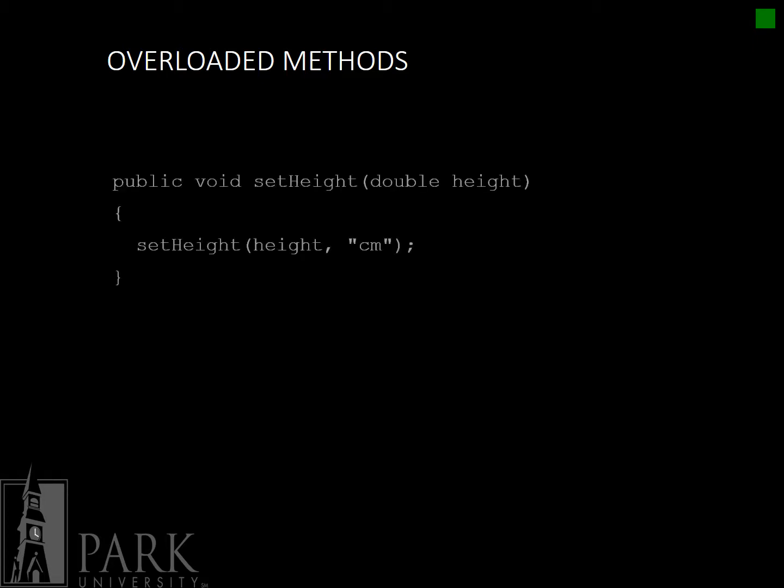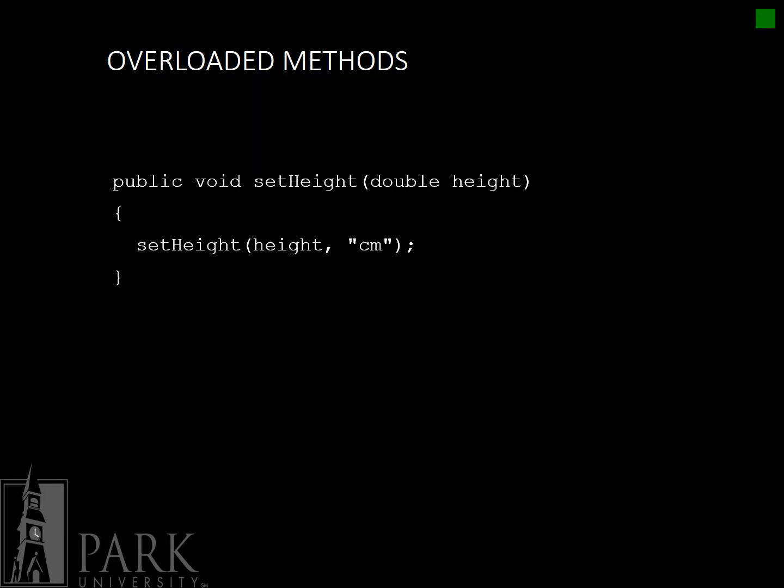Now, suppose that you have overloaded methods and you're inside of one of the methods. So like the set height demo that we just went over. It's okay to call one of the other overloaded methods from the one that you're in. For example, you can replace the original one parameter set height method with the following implementation, which calls the 2 parameter set height method.